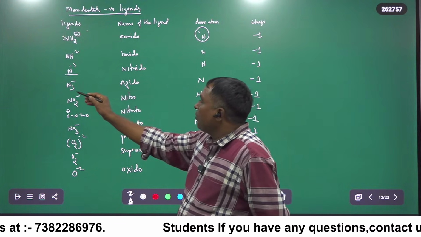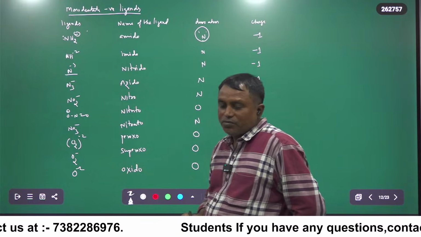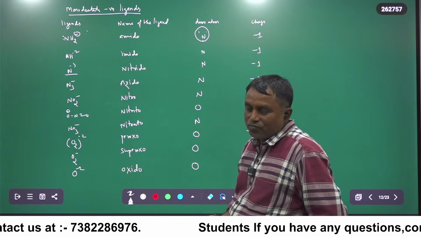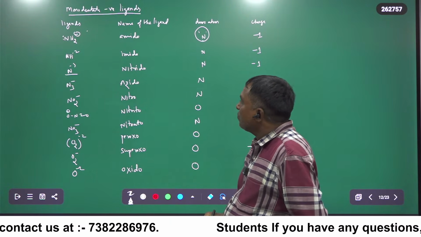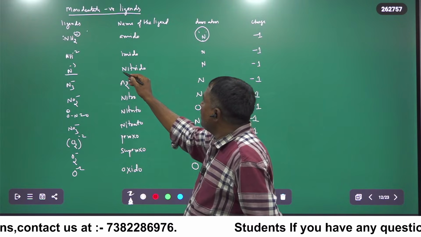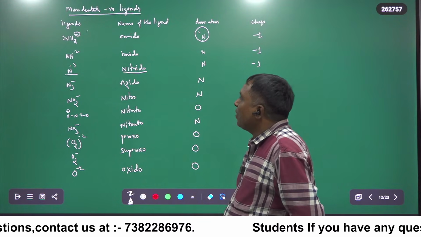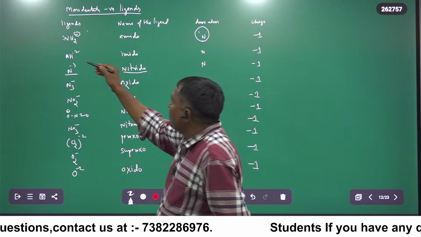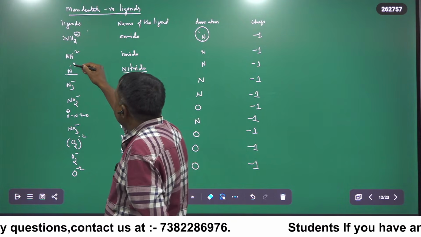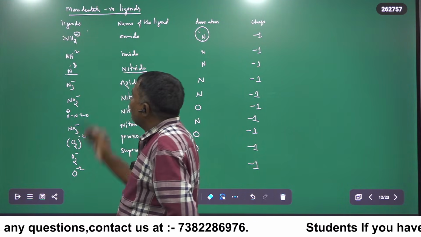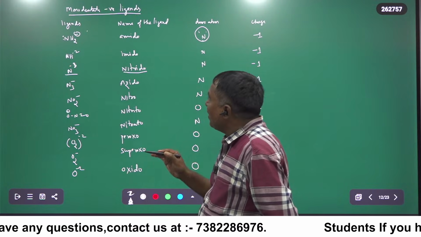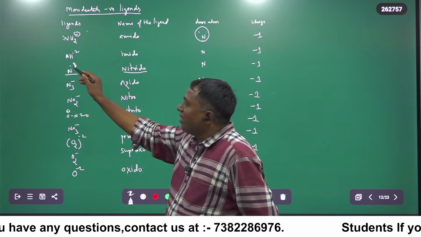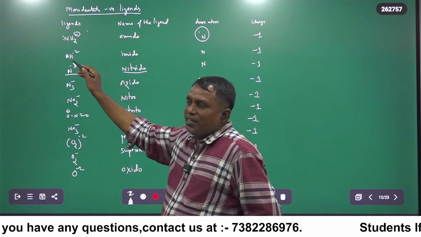So N minus 3, in charge we have to write minus 3, no, sir. So N minus 3 means the nitrido. Nitrido means N minus 3. So N minus 3 is the monodentate negative. In that monodentate negative we have the 3 negative charges.